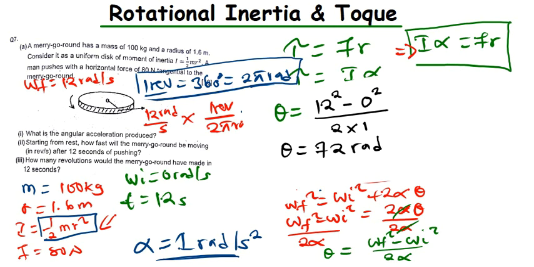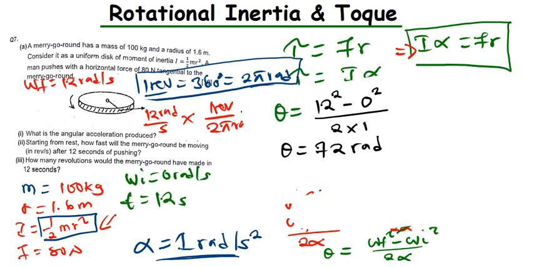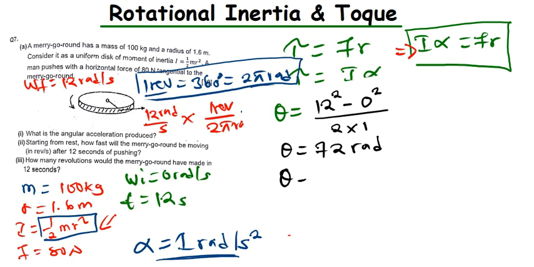Okay, 72 rad. Now the question is how many revolutions? So we need to convert this one now to revolutions. Converting this, we can clearly see that we're going to have theta equal to, let me just do this, I convert it directly, it will be 72 rad times, in one revolution I'll set the units in such a way that they should cancel each other.